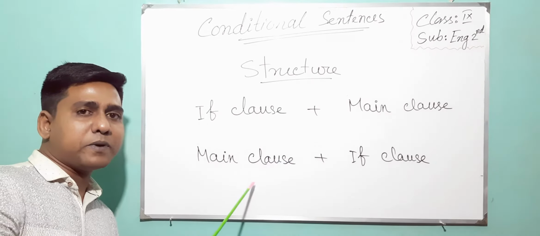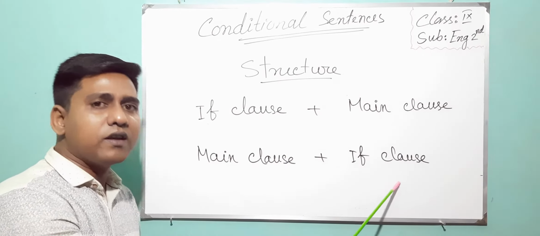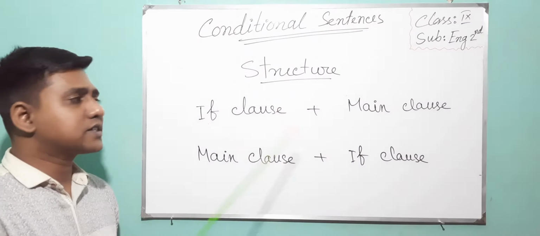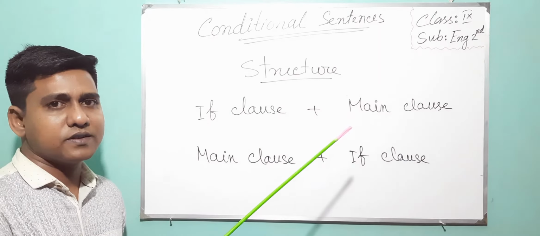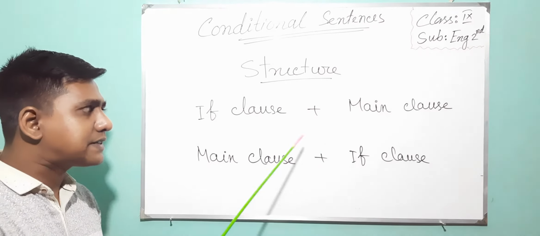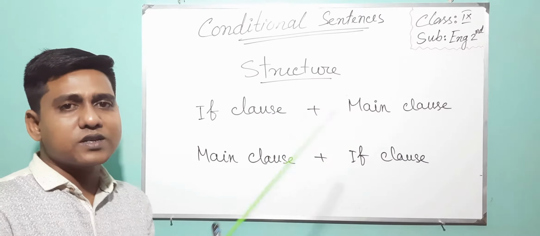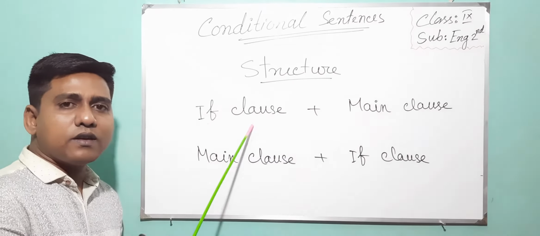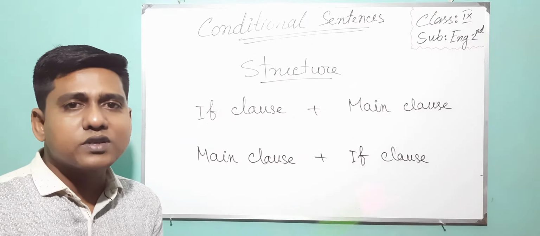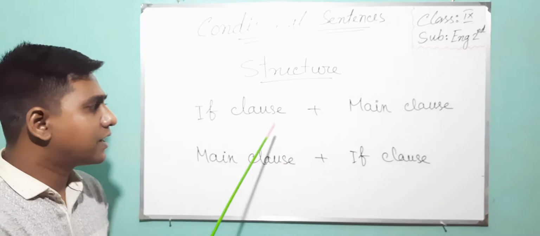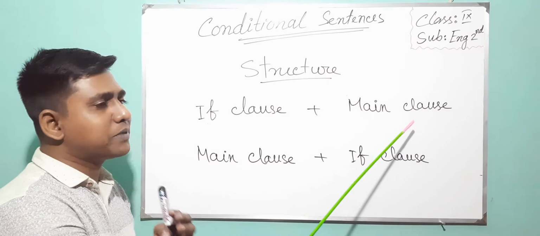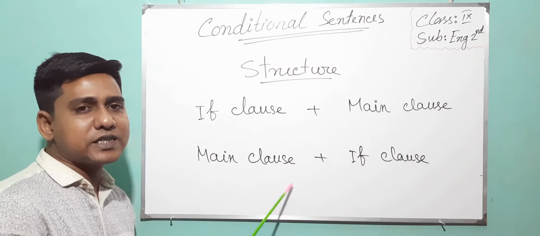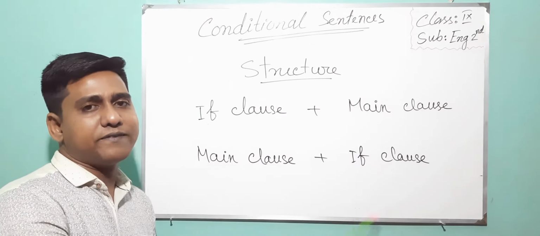That means a result part at the beginning, then the if part. So it's the structure of a conditional sentence, not the formation. When you are going to write a conditional sentence, you have to find out where the if clause is and what the main clause will be. And if the main clause is given, find out what the if clause will be.